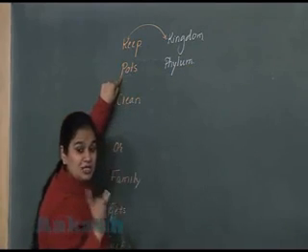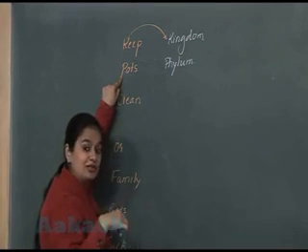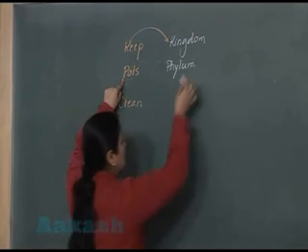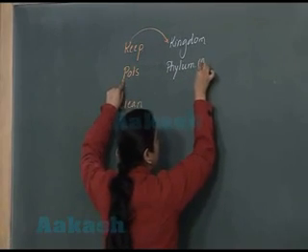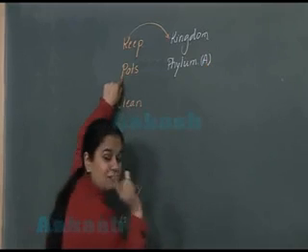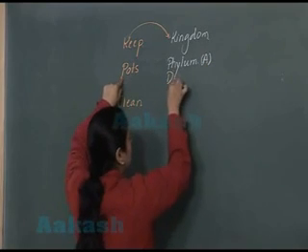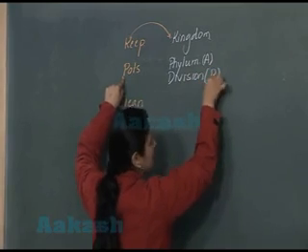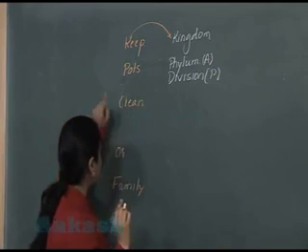Phylum is utilized for animals, and for plants the category which is utilized is division. So phylum is for animals, write A in the bracket for animal. Division is for plant, write P for plant.